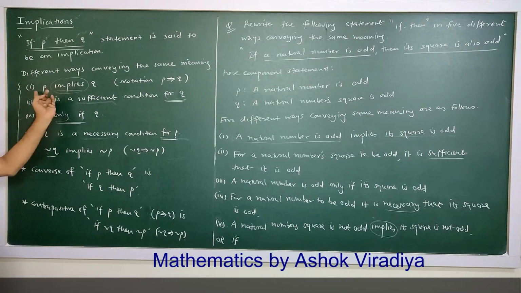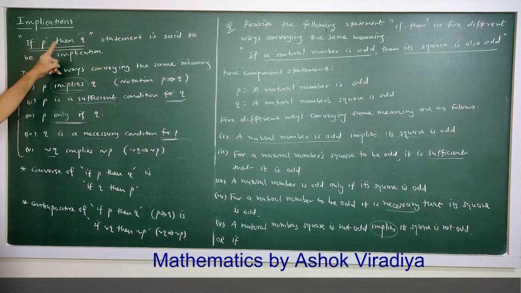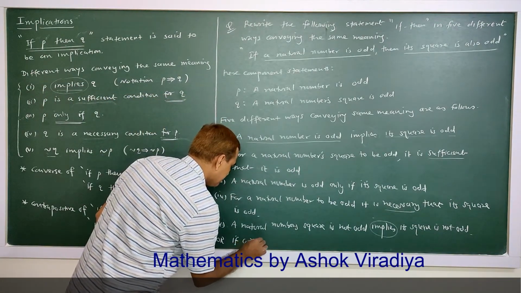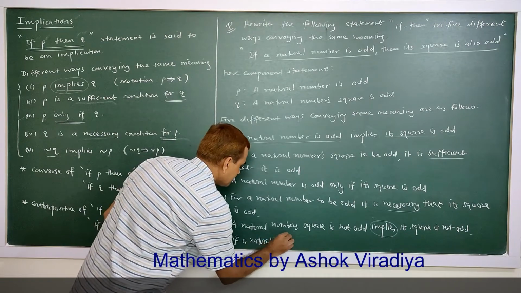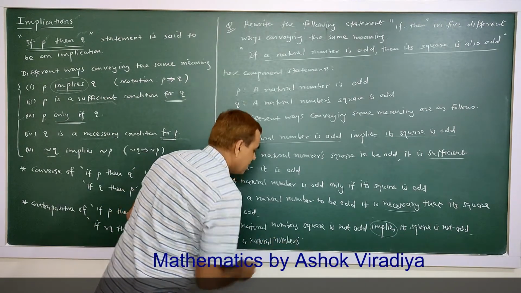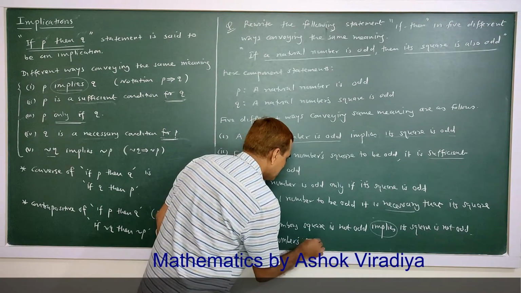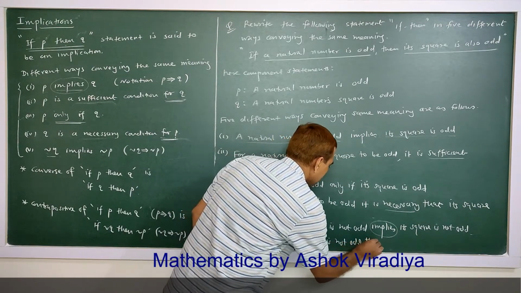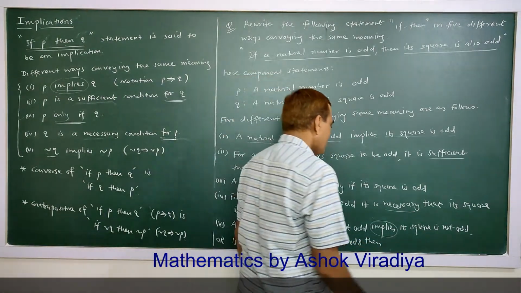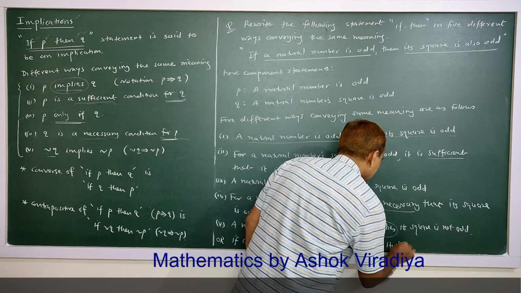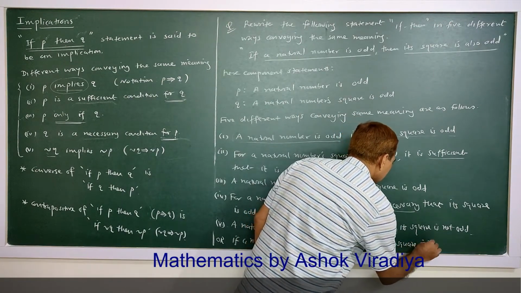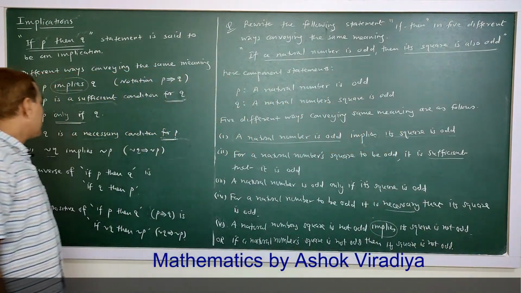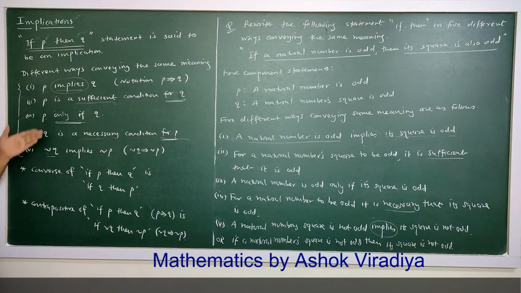P implies Q means if P then Q. So if a natural number's square is not odd, then its square is not odd. So these are 5 different ways to express implication.